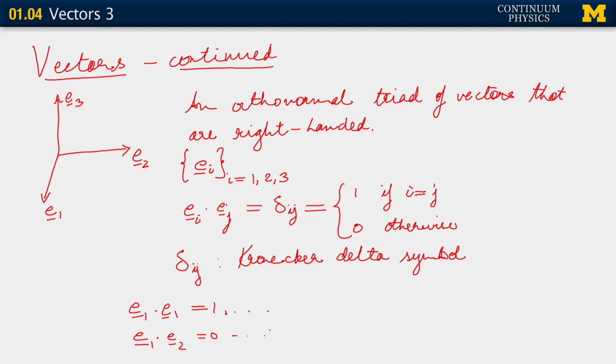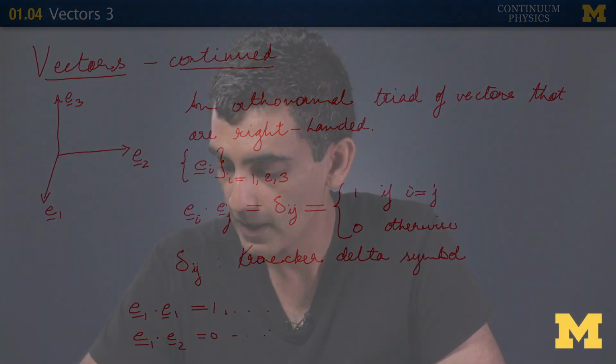And so for E1 dot E3 and E2 dot E3. And immediately these properties tell us that the vectors, our basis vectors, are unit vectors, and furthermore that they are perpendicular to each other, okay? And that leads to the term orthonormality, all right? Okay, we'll move on here.